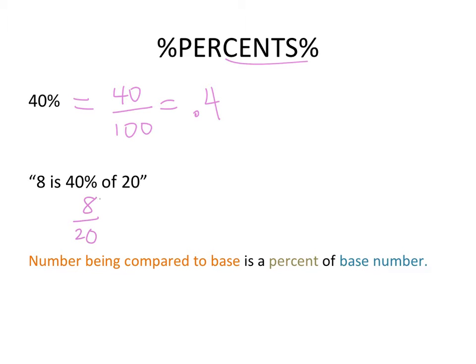Whenever you see the word of, that's your base number, 20. 20 is my base. So that part over a whole, 8 out of 20, is 40%, right? And we know percent just means over 100. So we can say it's 40 divided by 100. And this right here is a proportion, which we learned about in our last video.